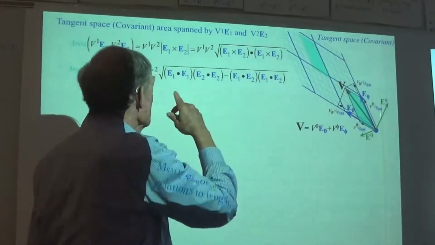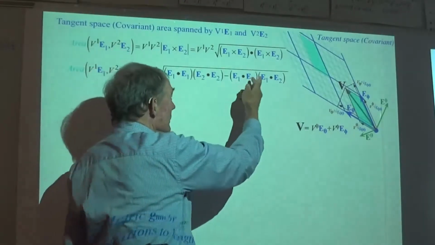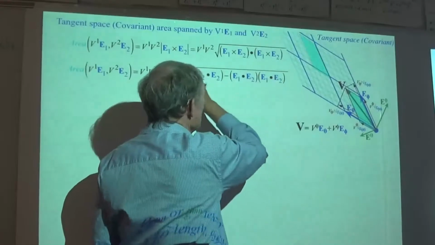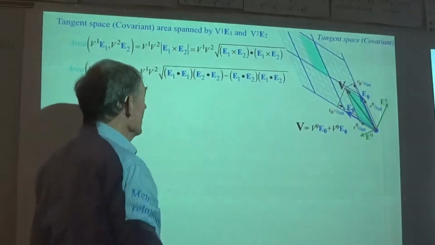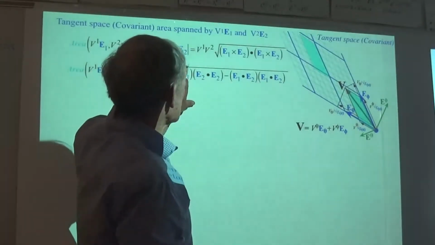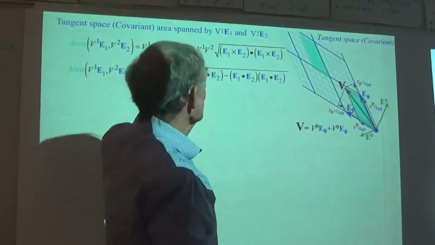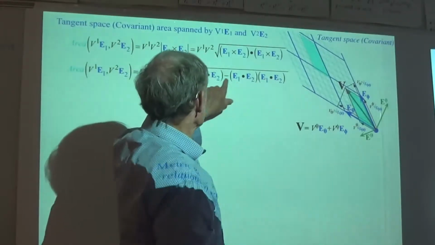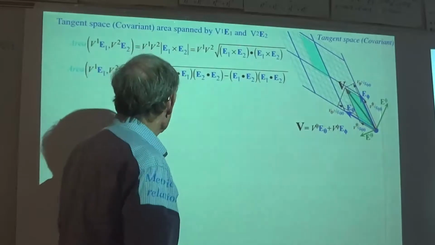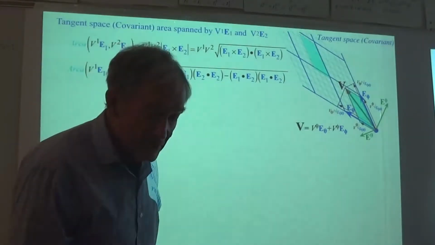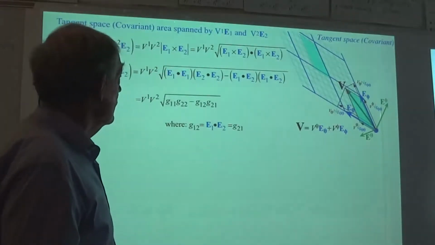I'm skipping that. This is the A cross B relationship where I get the dot product of E1 and E2 of themselves, and then the cross dot products right there. Well, what the heck is that? Is that something we can recognize? And the answer is yes.